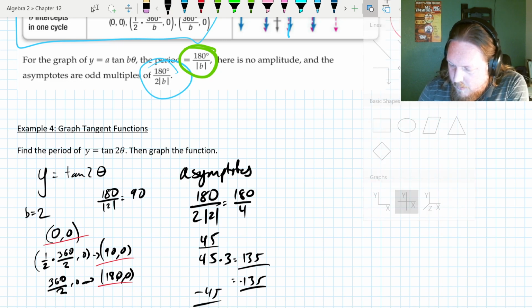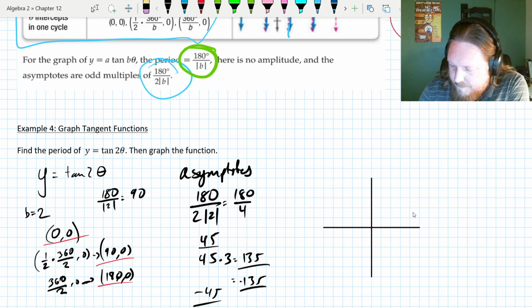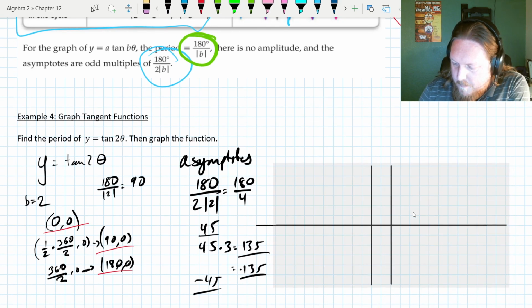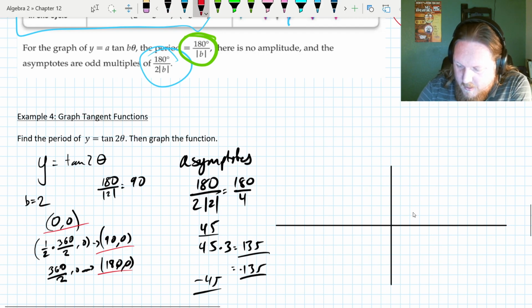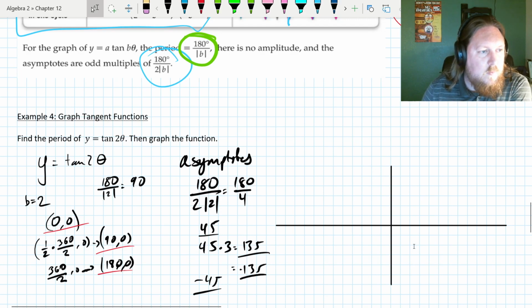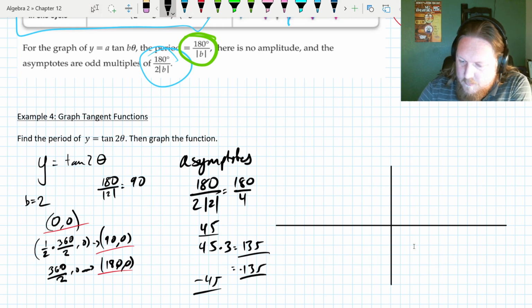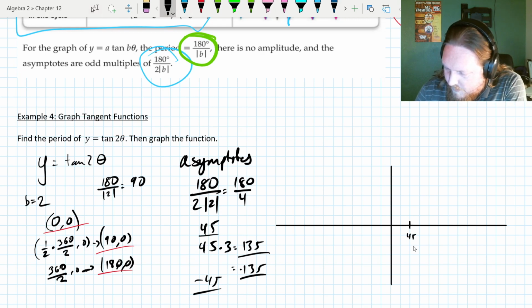Let's go ahead and draw this out. Okay, so my asymptotes are at 45 degrees. So I'm going to have multiples of 45 be my marks here. So let's go ahead and do 45, 90, 135, 180, and then 215.